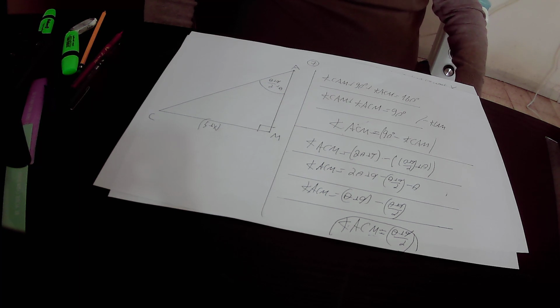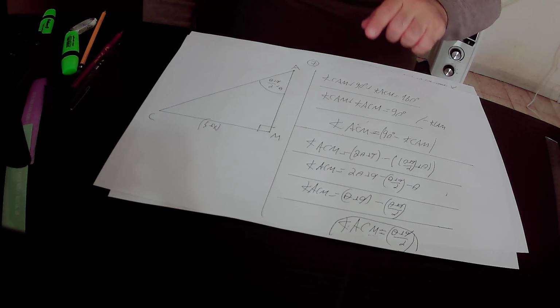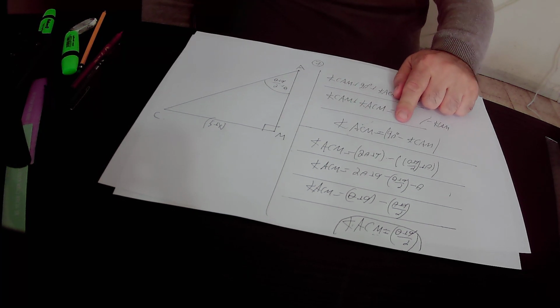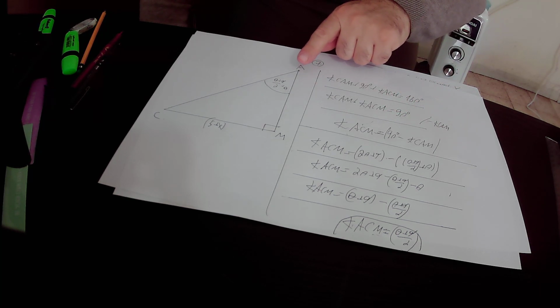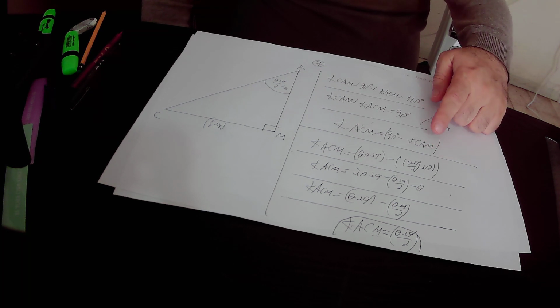Okay? So in conclusion, angle ACM equals 90 degrees minus ((theta plus alpha) over 2 plus theta). Here, we substituted the angle CAM by (theta plus alpha) over 2 plus theta.